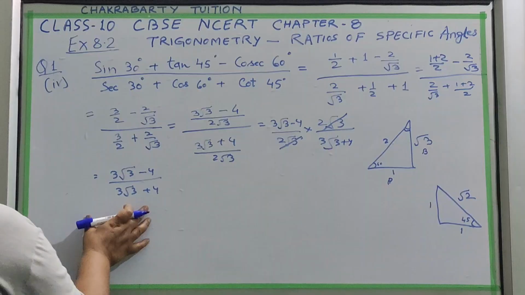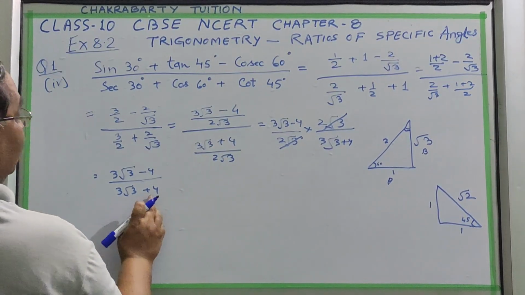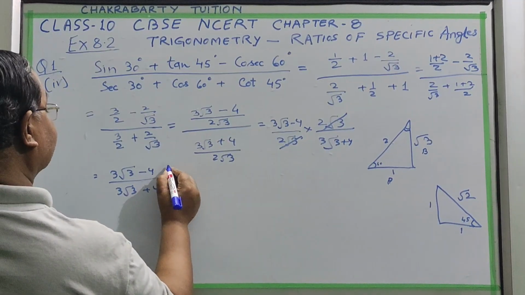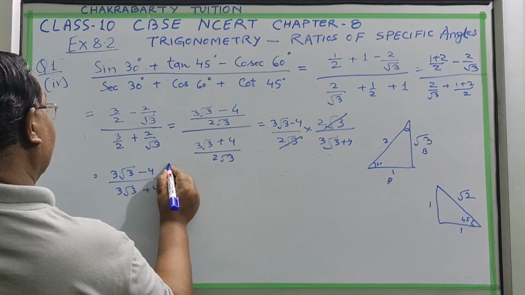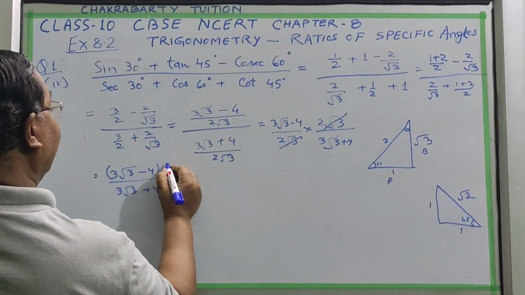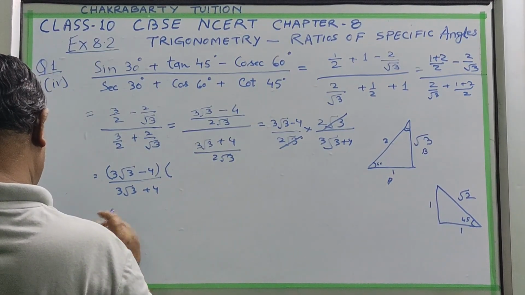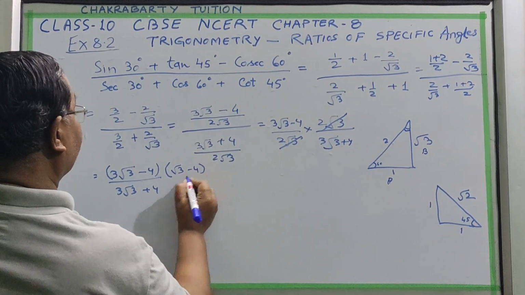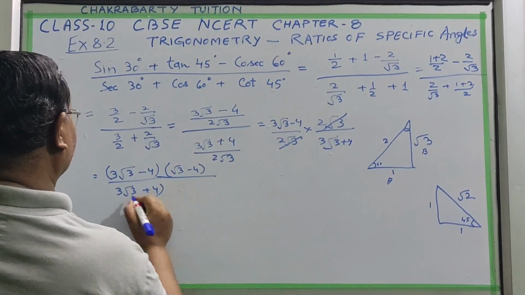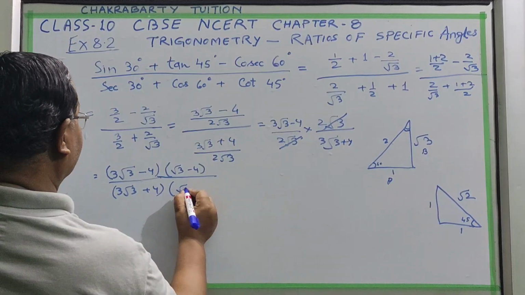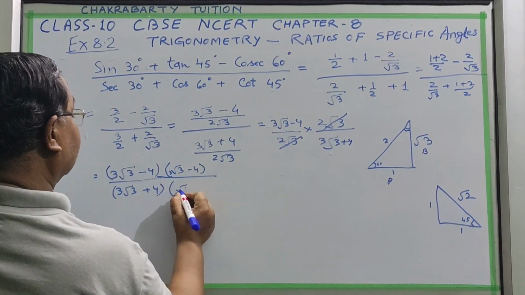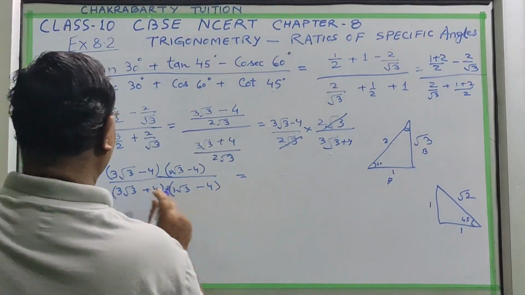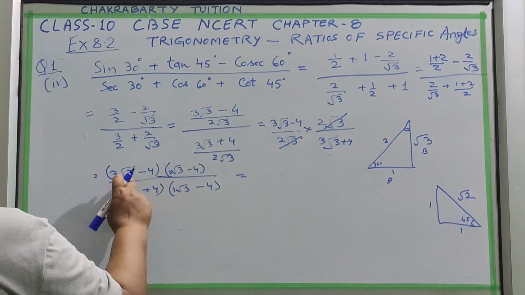Now we will normalize it. How? We will multiply it by the minus sign. So this we will keep in one bracket, and here another bracket we will take and we will multiply it: 3 under root 3 minus 4. And here also we will put a bracket and 3 under root 3 minus 4. Now here you see it is the same figure, minus minus.